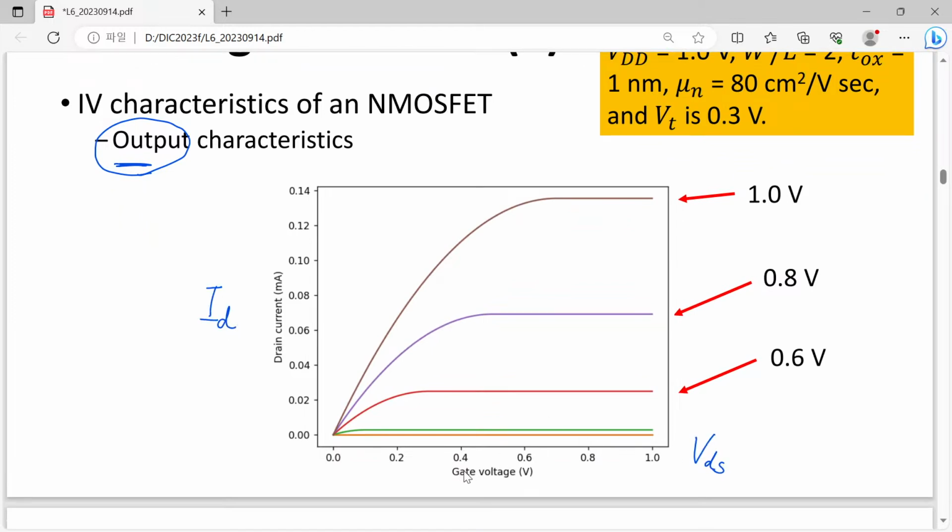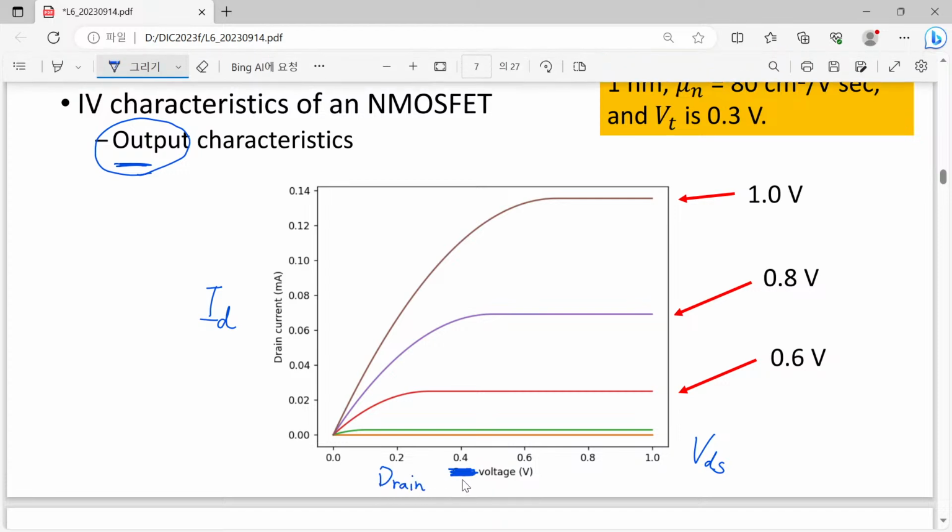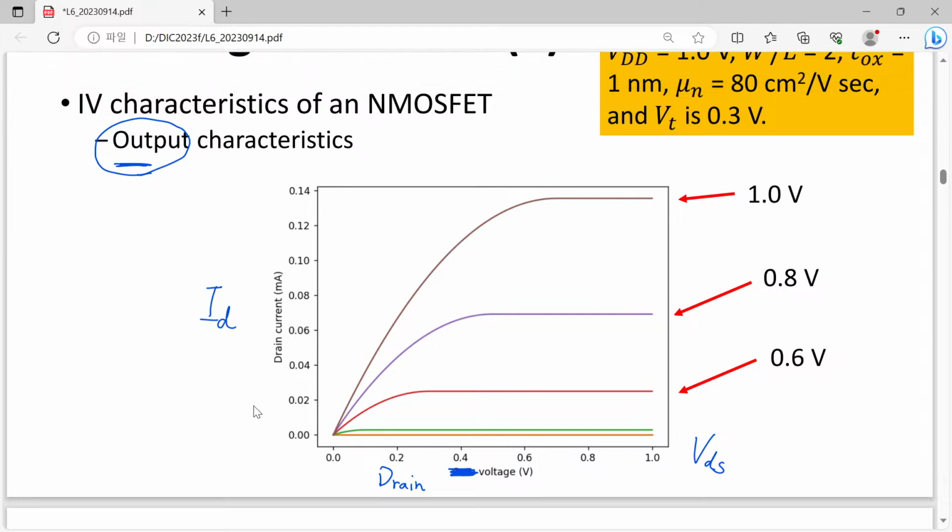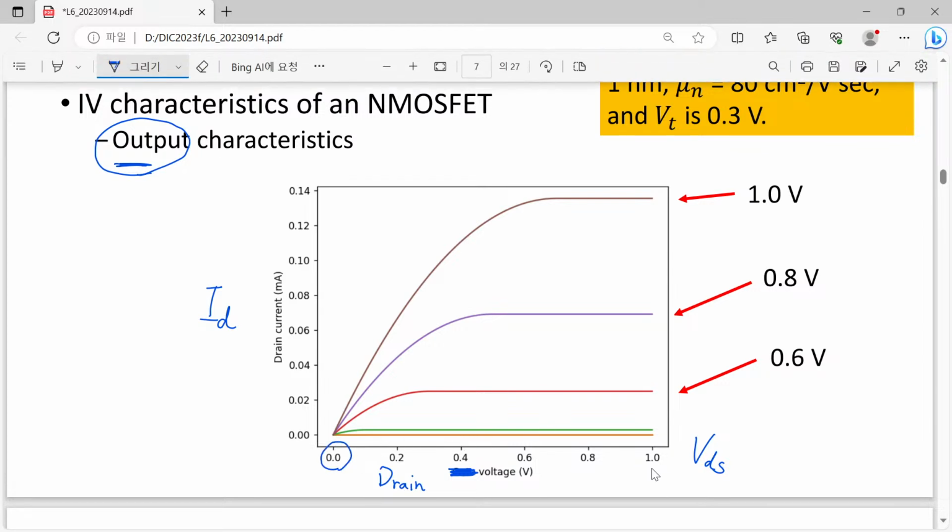As pointed out by one of our students, this is my typo. So please understand, this is a drain voltage, so you have the drain voltage and still the drain current as the Y value. The drain voltage starts from 0 and ends at your VDD.